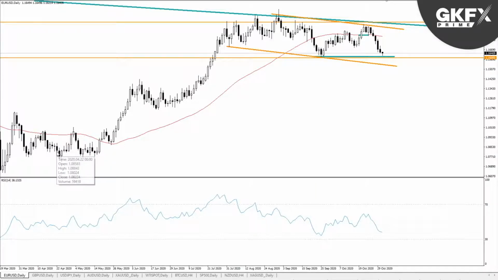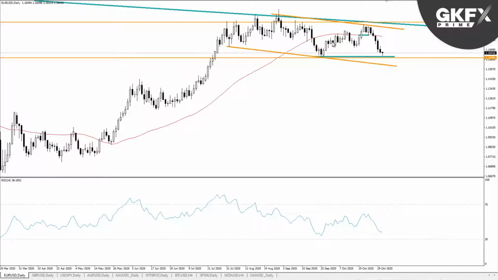So here's our daily chart, and as you can see we were in an uptrend, but more recently we've been consolidating. It's been a pullback within an uptrend. The question with a pullback is always whether it is the beginning of a reversal into a bear market, or simply a drift lower before the uptrend continues?